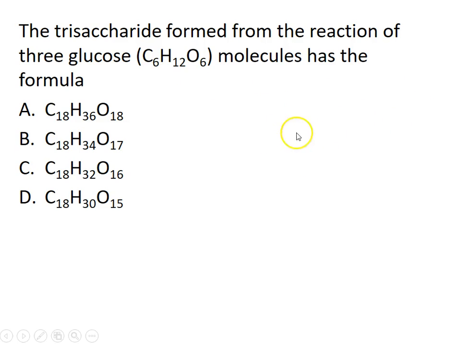Between them, you'd lose a water molecule and another water molecule. So when the 3 get together, you've lost 2 water molecules. So you're going to have 36 minus 2 lots of 2, 4. So 36 minus 4 is 32. And if you worked out the same with the oxygen, 3 6s are 18, minus 2 is 16, so it's C. So don't forget, every time you put them together, you lose water between them.